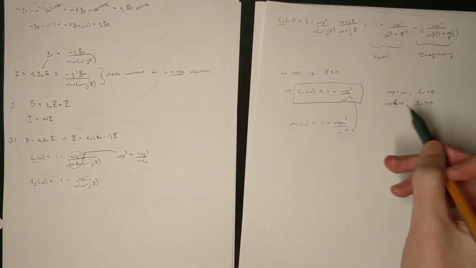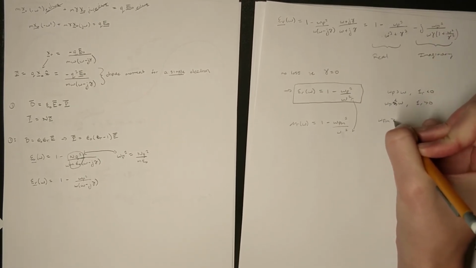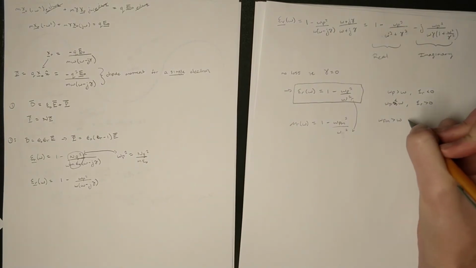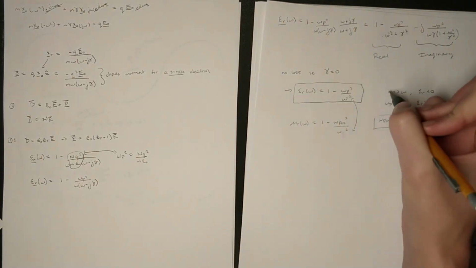Now, this follows the same conditions where if omega p of our magnetic is greater than our radial frequency, we find that mu r is less than 0. So these are the conditions that we're mainly considering with our model.